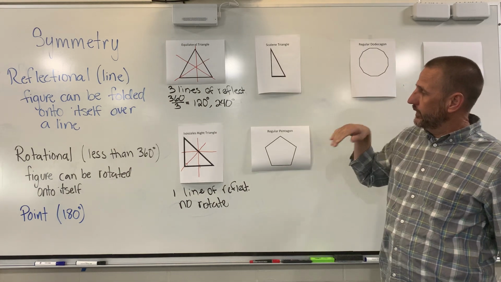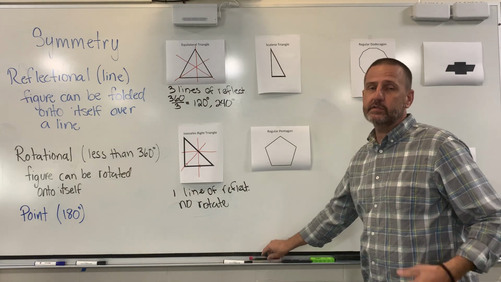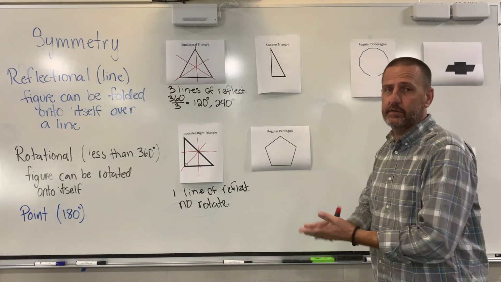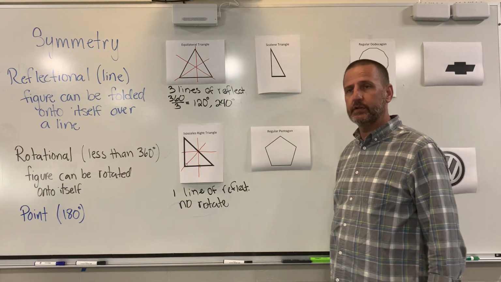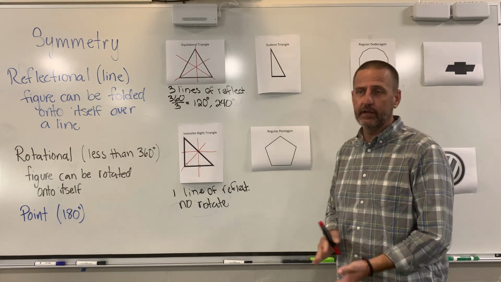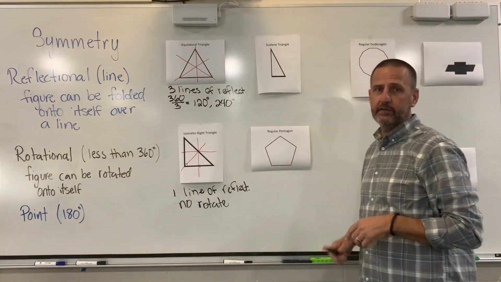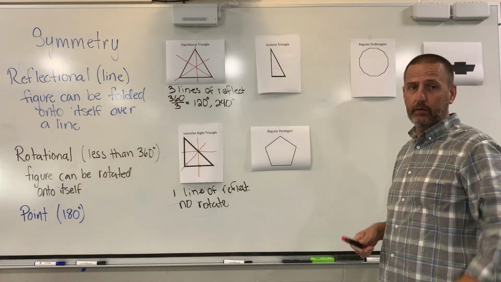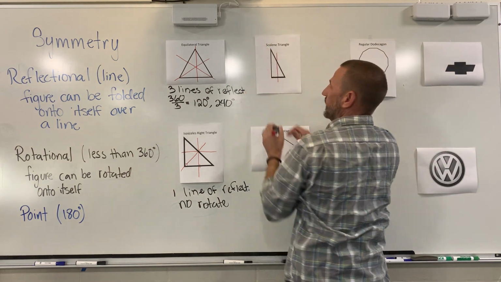So when I look at this last triangle I want to go over, this is called a scalene triangle, in which none of the sides are the same and none of the angles are the same. How many lines of symmetry do you think you'd have if none of these sides are of the same length? And the answer is going to be 0. Because if I try to draw a line vertically, it doesn't work.